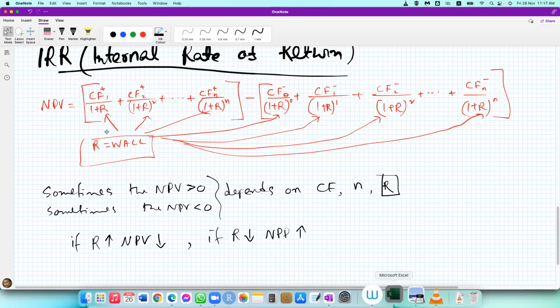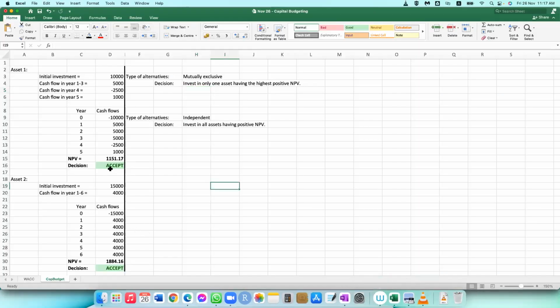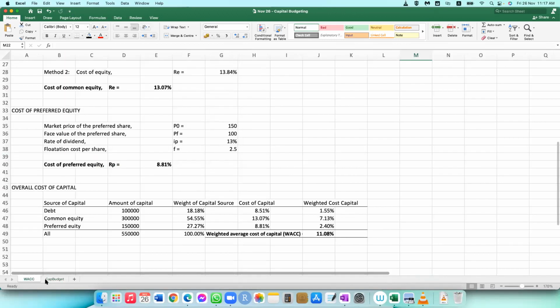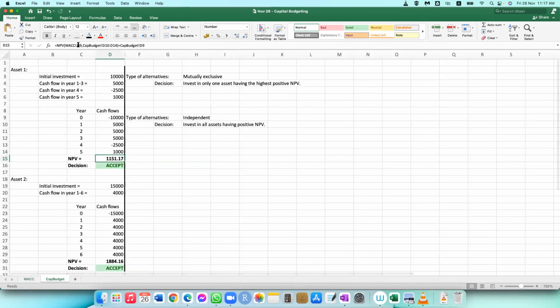So let us check. In this case, we'll press undo so that we come back to this one. Previously the discount rate was 11.08%. That is taken in this link, right? So let us hard code it. Instead of 11.08, let us type 15%.